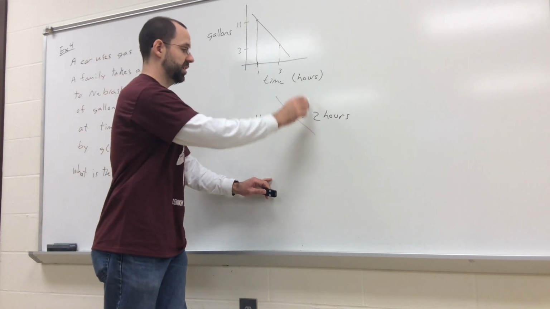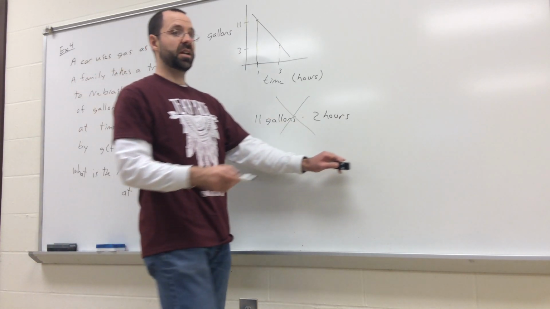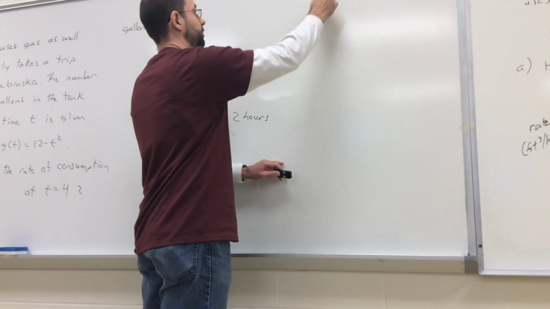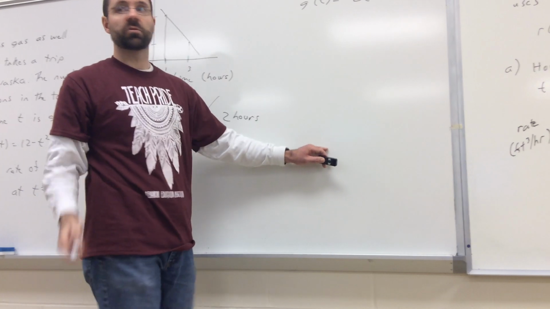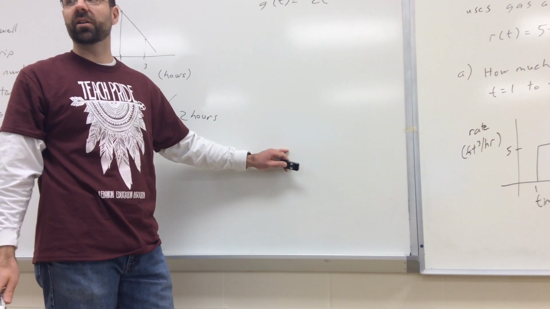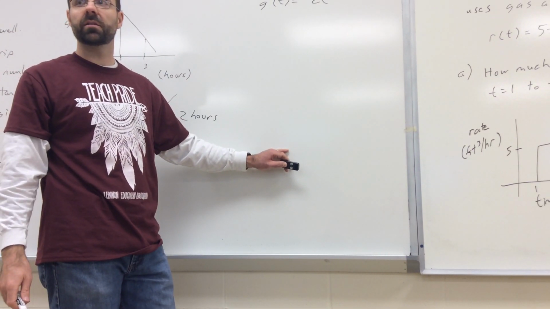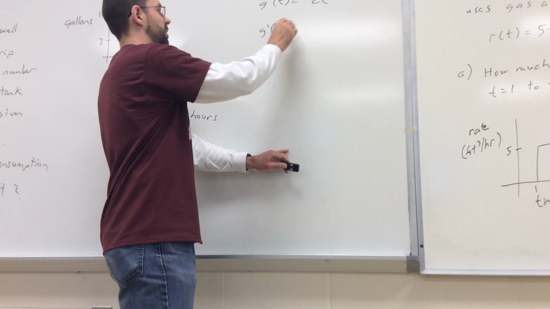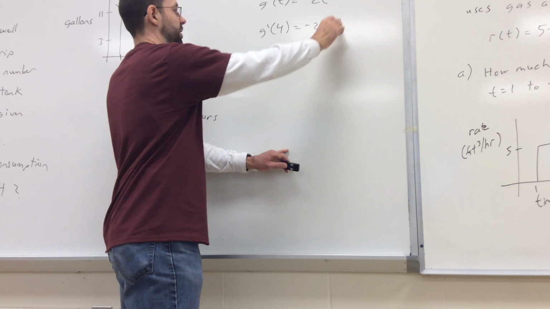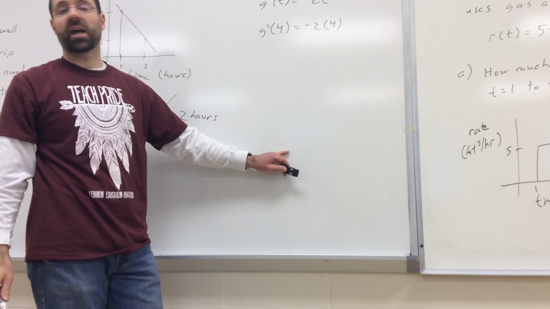Okay, so this doesn't make any sense. Instead, we're going to take the derivative. Derivative of 12 is 0. Derivative of t squared is 2t. And so then we're going to plug in the 4 to figure out the rate of consumption at 4.